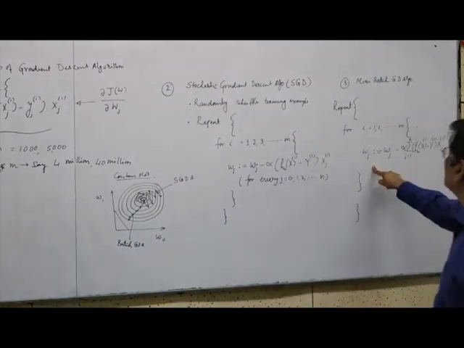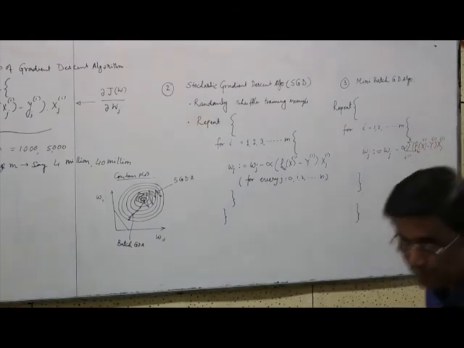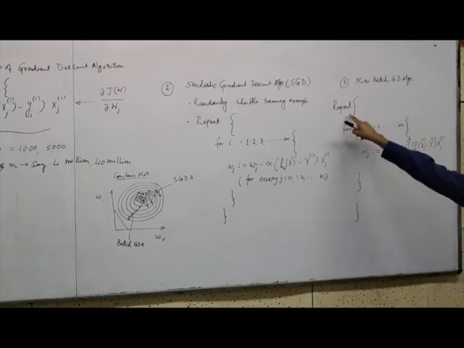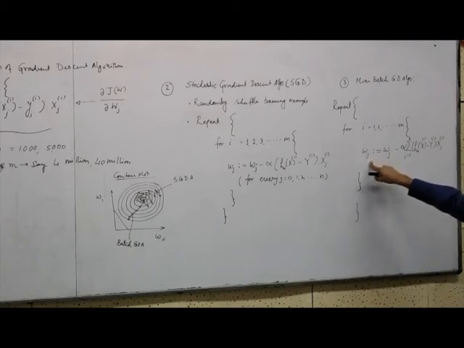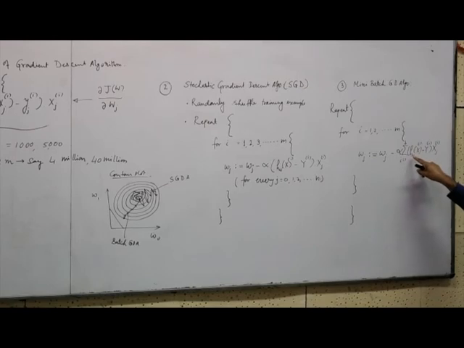And then within each batch, this is my updating rule. Repeat for i equals 1 to m, where m is the number of samples. Run the loop: wj is assigned wj minus alpha, summation of i equals 1 to b, divided by b, times this term, as earlier.